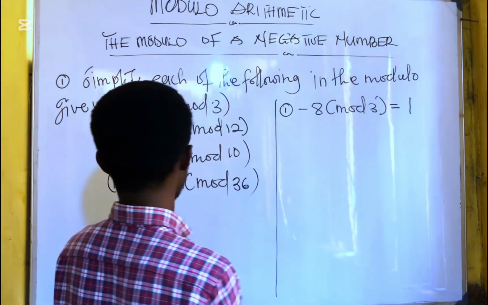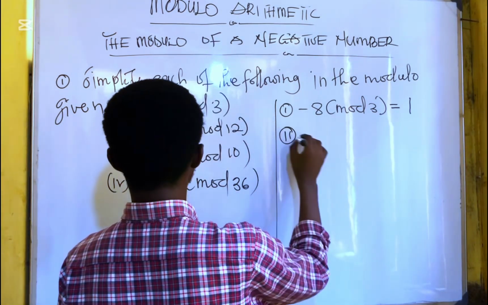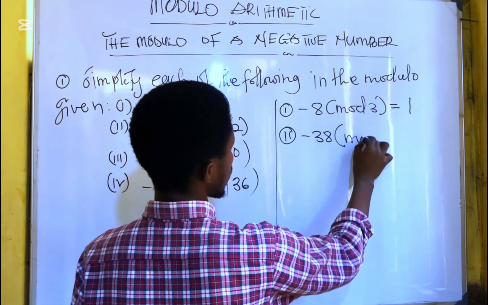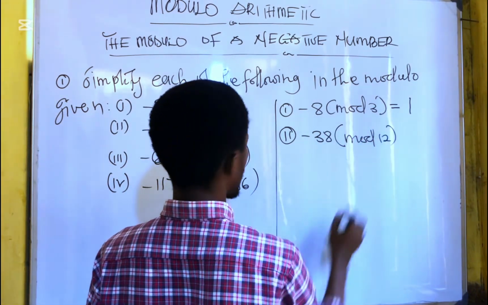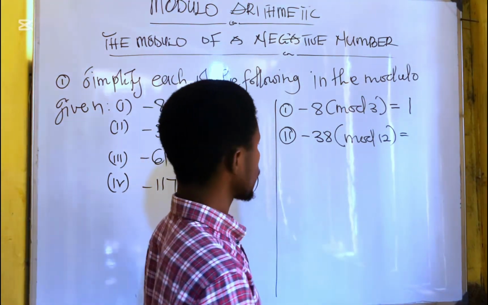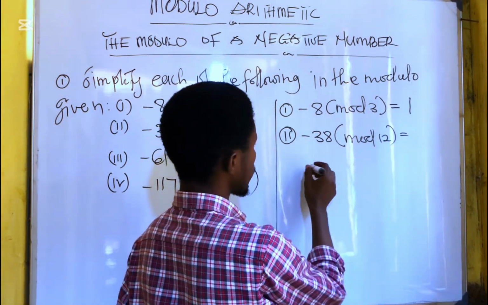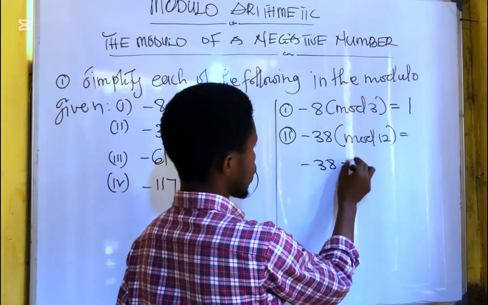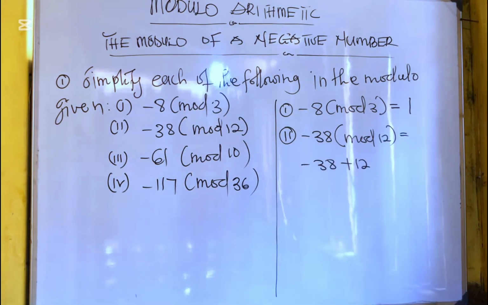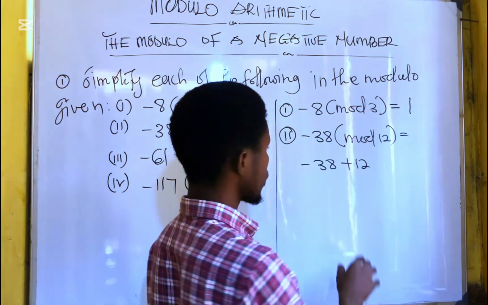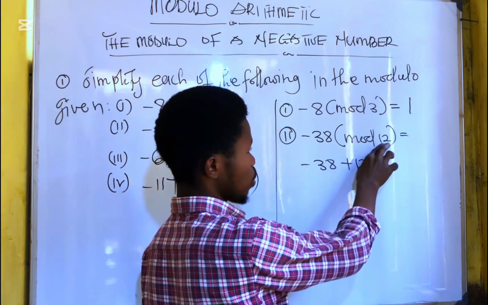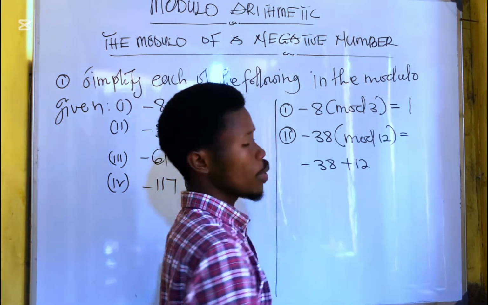Now let's look at example 2. Negative 38 mod 12. Okay, so here, the same approach. Here you are going to have negative 38 plus 12. Is that okay? But you see, due to the time factor, if I keep on adding, this number is huge. If I keep on adding 12, maybe it will take more time.